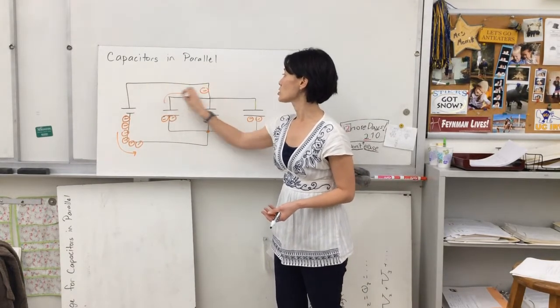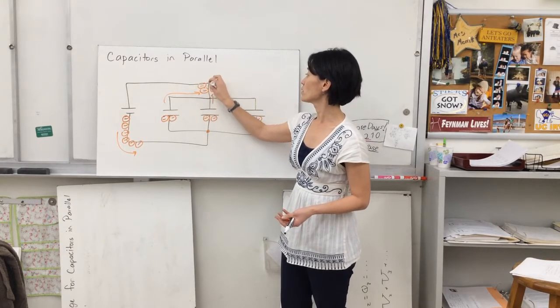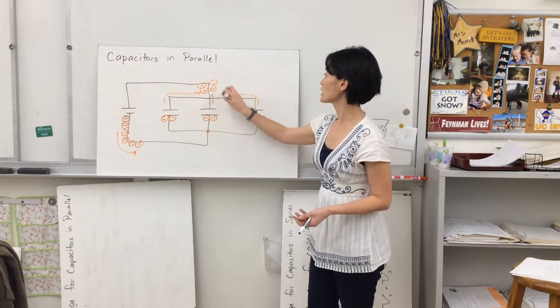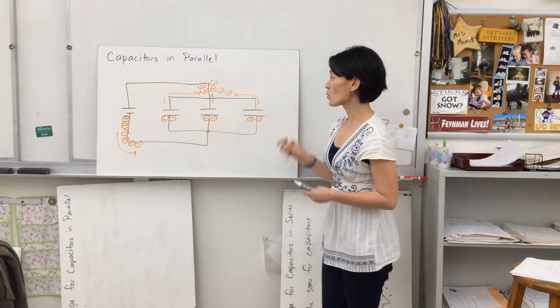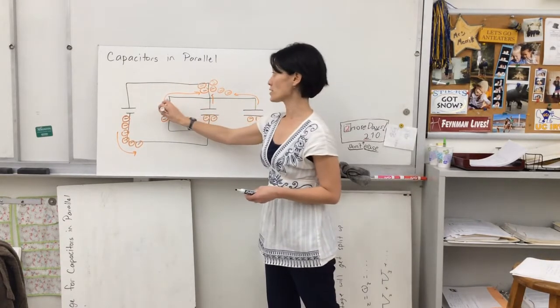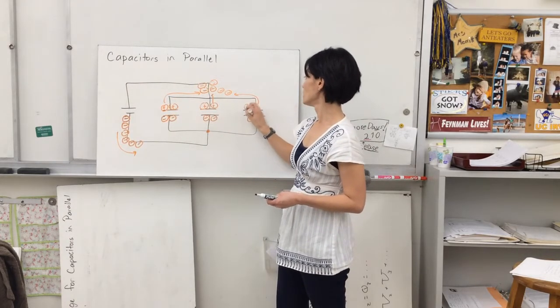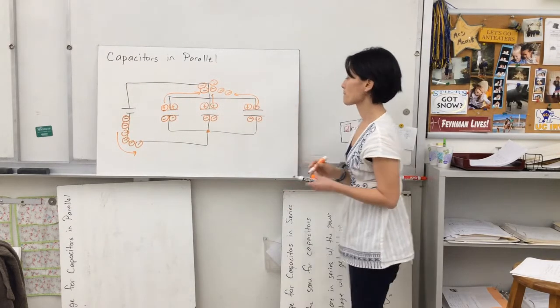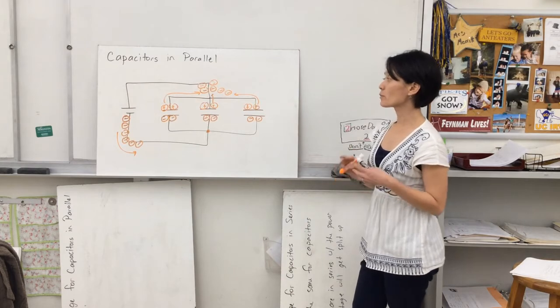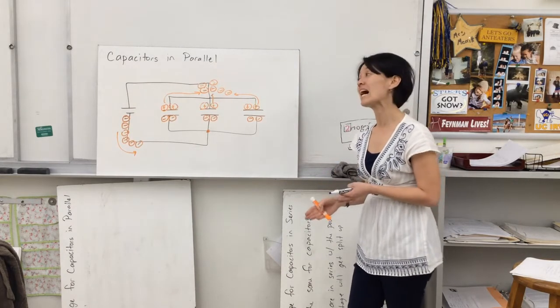So some of these charges are going to go, and these charges are going to go, and then these charges are going to get repelled. And so those charges get repelled off those plates, leaving these plates with a positive charge. So we see that for capacitors in parallel, the total charge from the power supply ends up splitting up.